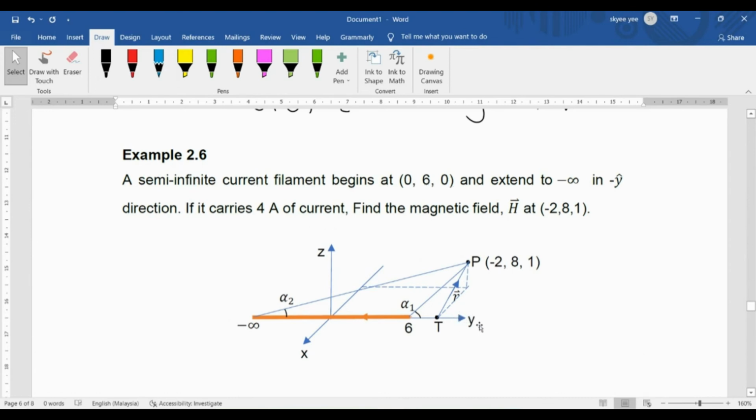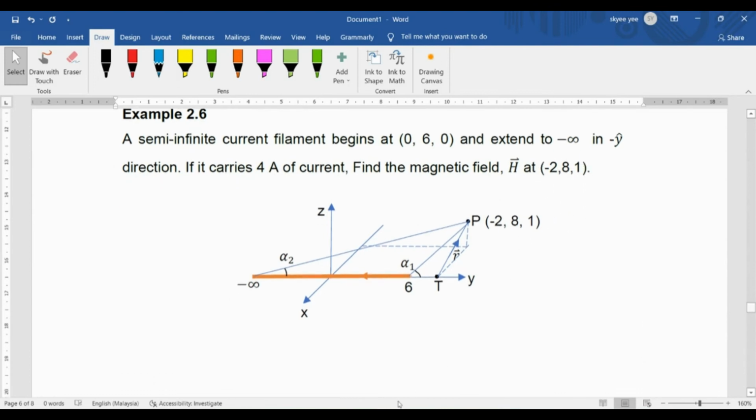You see this is your axis y. So it begins here and extends to negative infinity. If it carries 4 amperes of current, find the magnetic field at this point.